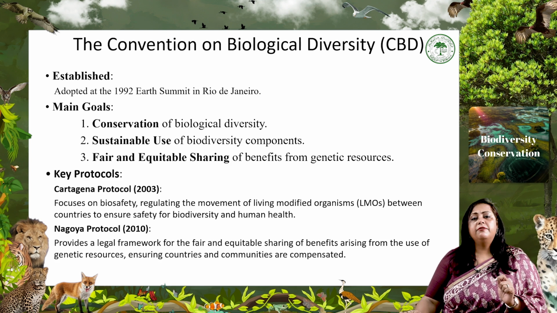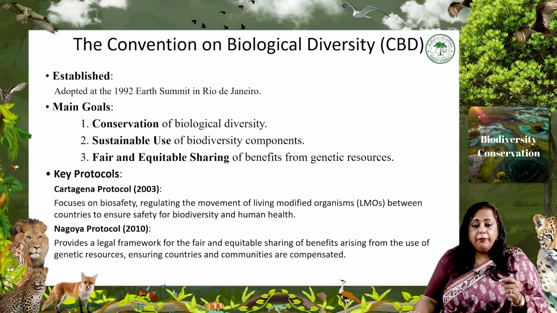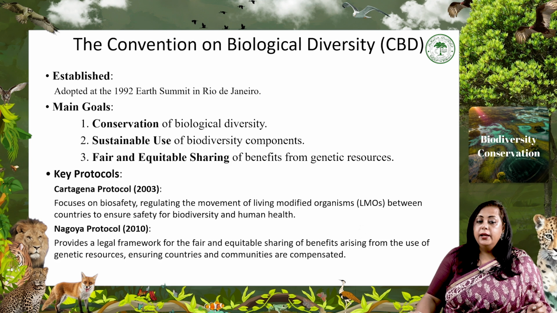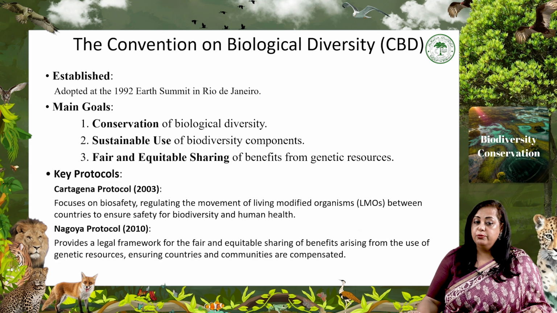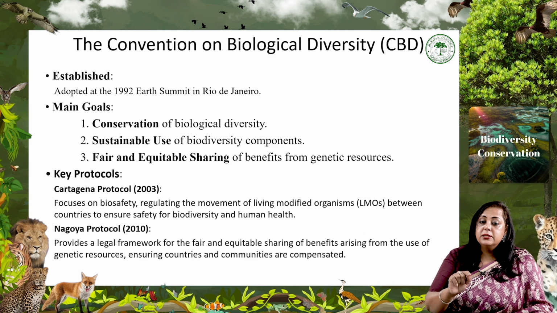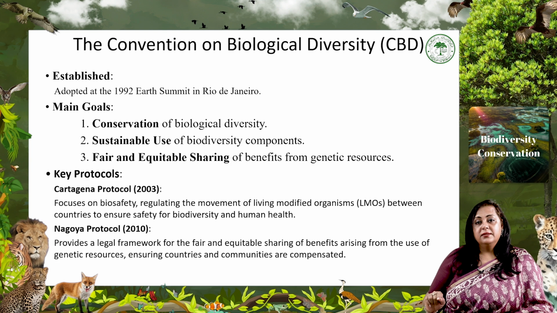If some developed country wants to use the genetic resources of India, they have to follow a legal framework. So, the Nagoya Protocol provides a legal framework for the fair and equitable sharing of benefits arising from the use of genetic resources, ensuring countries and communities are compensated.